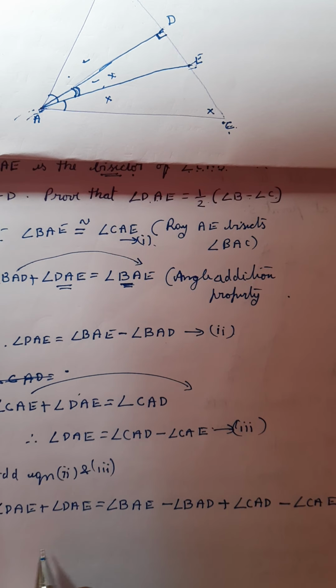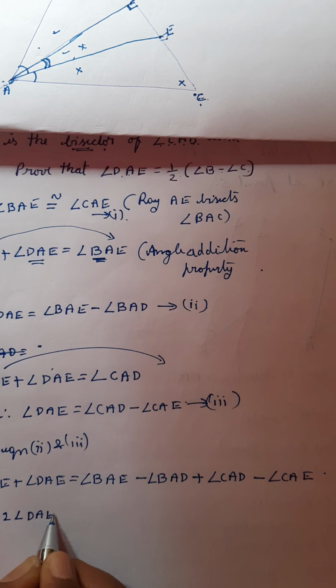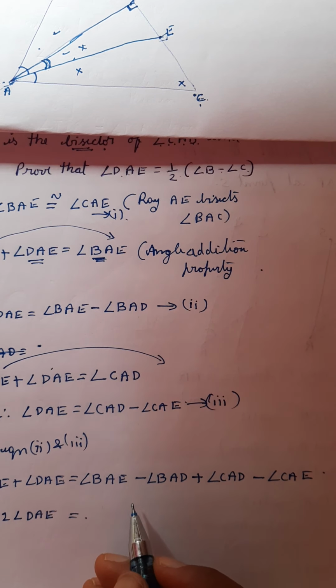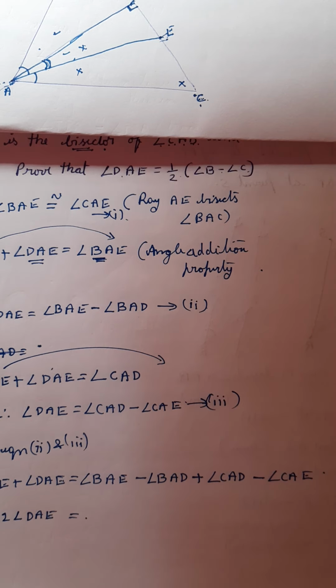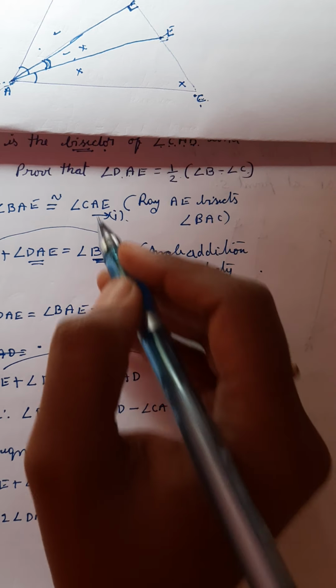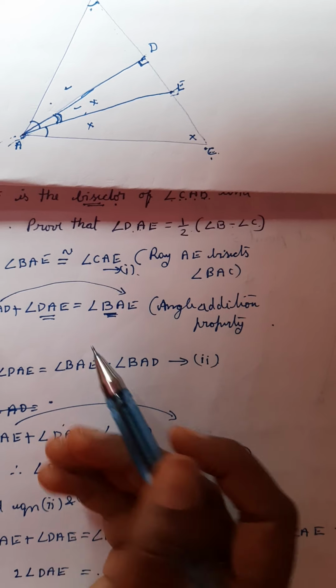So here DAE plus DAE, 2 angle DAE is equal to, now here how to add these two? In this, from equations 2 and 4, see this angle BAD.